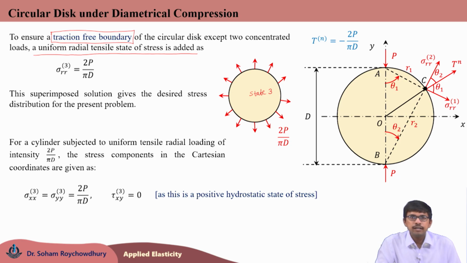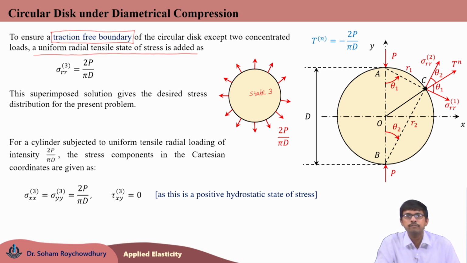We can convert it into x and y, the rectangular Cartesian coordinate system, and for that we would have both sigma xx and sigma yy for the third state of stress to be 2p by pi d, that is a purely tensile state of stress, and basically all the directions are principal directions here, which is free of any kind of shear stress, tau xy 0. For all the chosen directions of xy, this state of stress is valid.